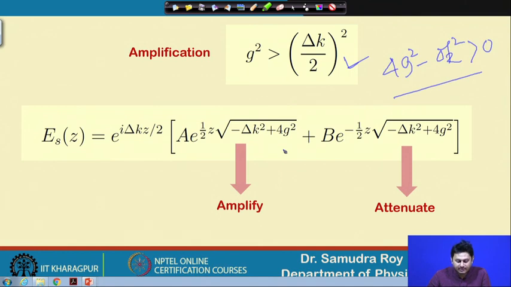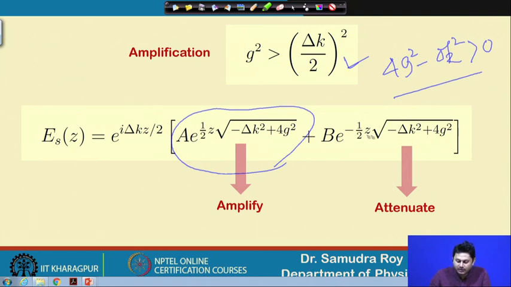In that case, if 4 g square is greater than delta k square, then this is a positive term, root over of positive means a positive term. So, this positive term makes this quantity amplifying. This is an amplifying term of ES.